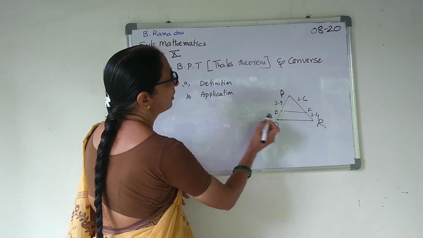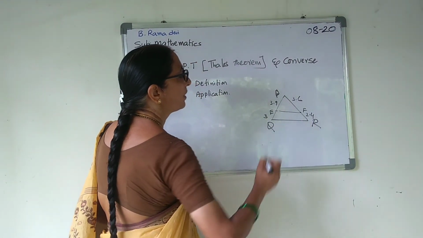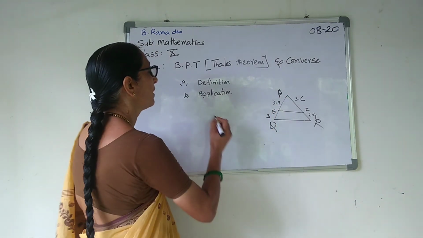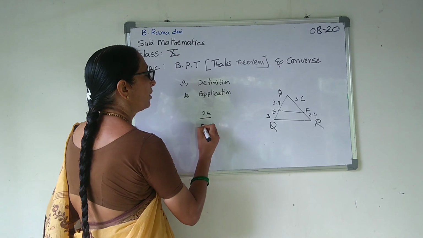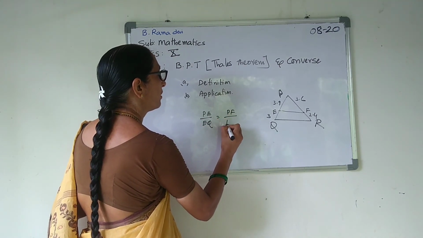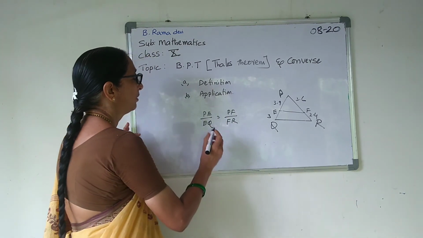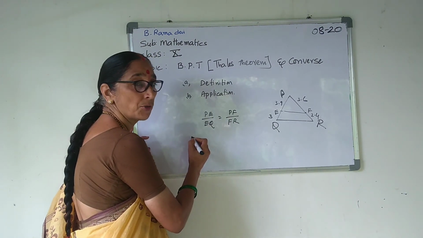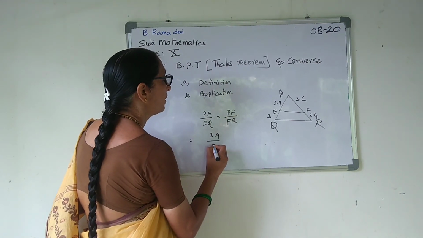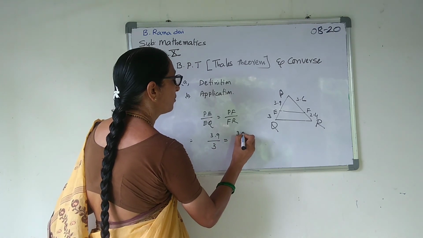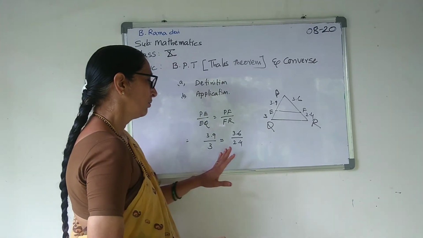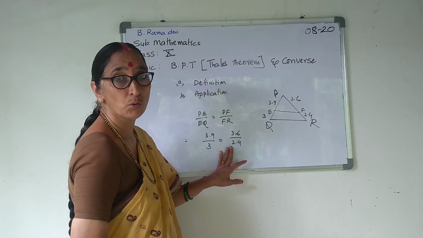Now, if EF is parallel to QR, according to BPT, PE by EQ is equal to PF by FR. Check whether it is true or false. 3.9 by 3 is equal to 3.6 by 2.4. We have to check whether it is true or false.